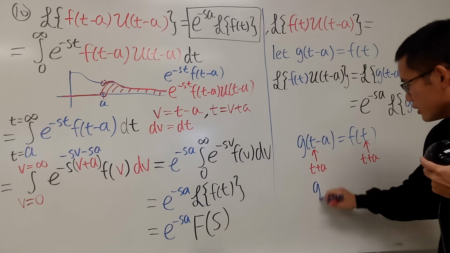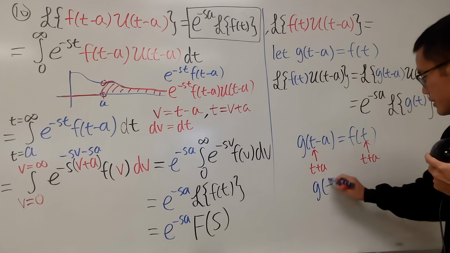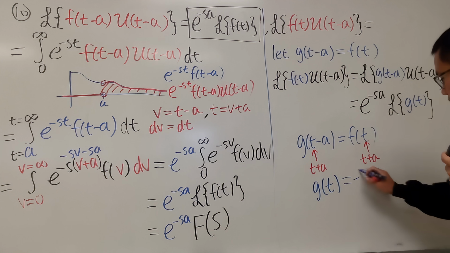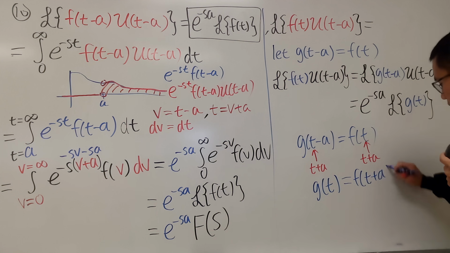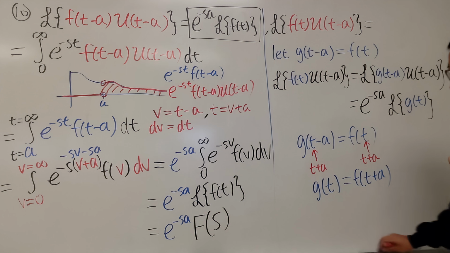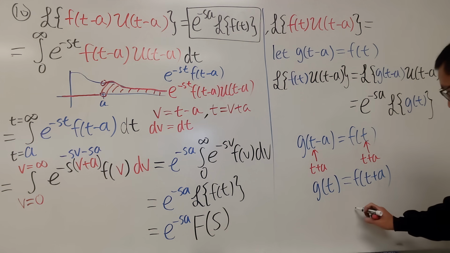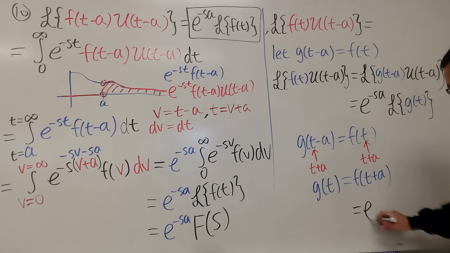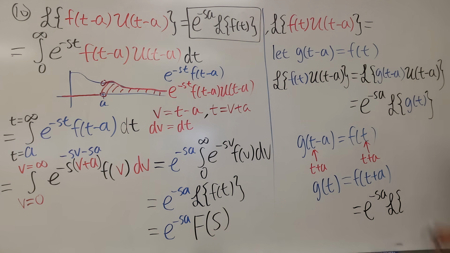So g of t is just f of t plus a. Finally, you can write this down as e to the negative s a times the Laplace transform of this guy, which is our f of t plus a.